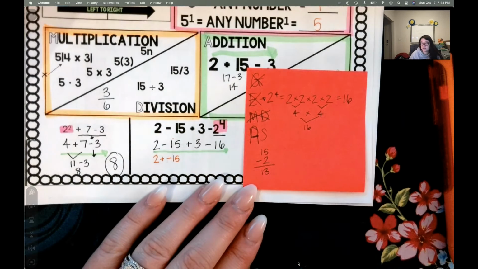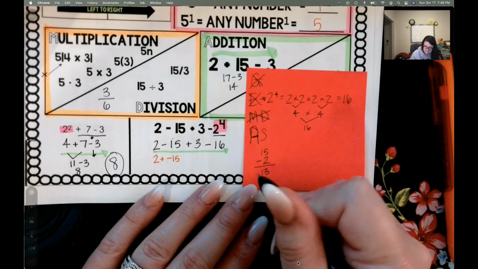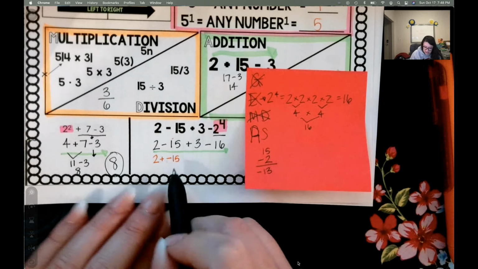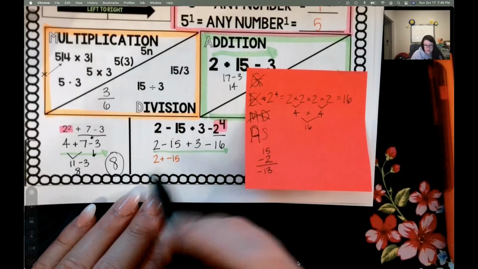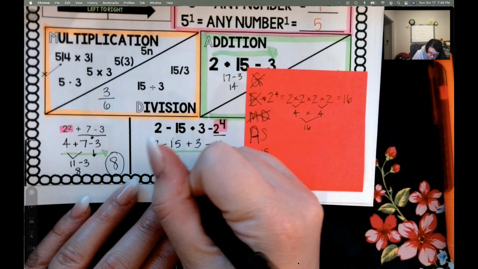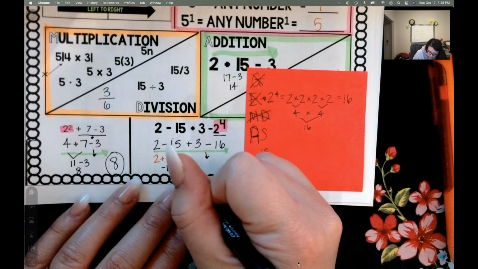And is that going to be a positive 13 or a negative 13? Why? Negative 13 because negative 15 has more value. It's further away from 0 than 2. So now we have negative 13, and we got to bring the rest of this down.